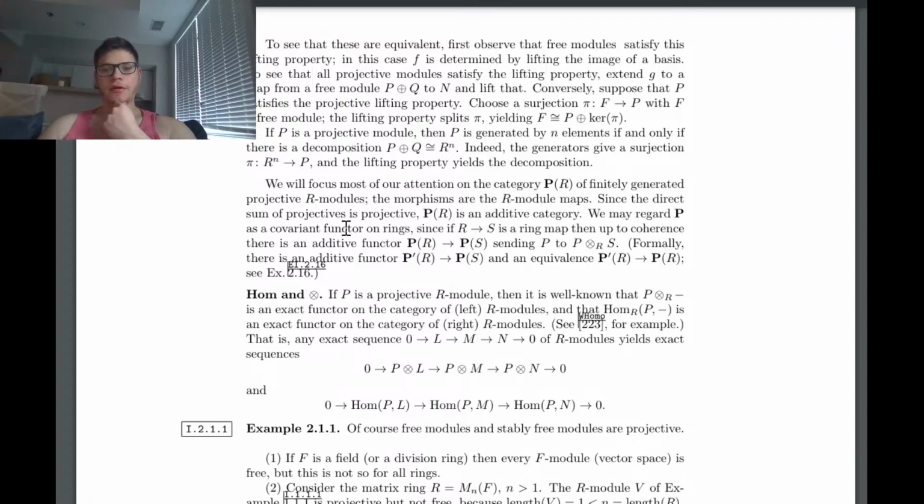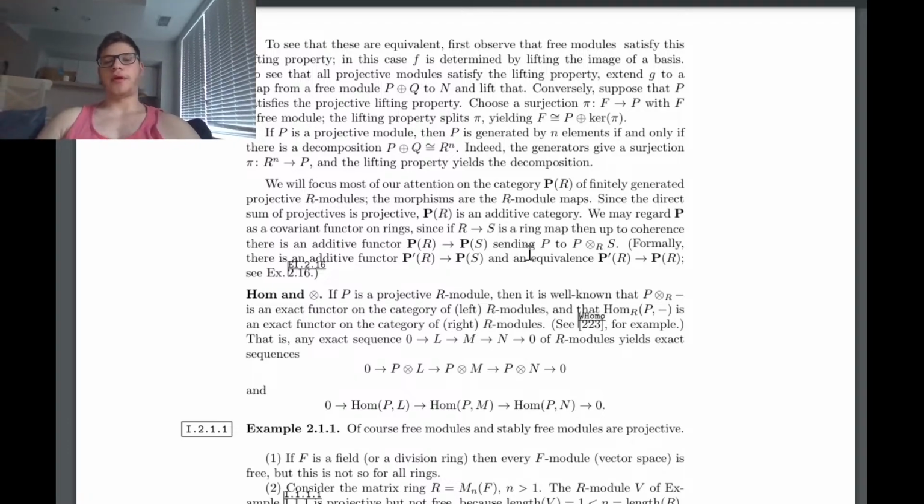We regard P as a functor in rings, since you can just get a map by extension of scalars. I'm not sure what P prime is supposed to be here, but never mind.